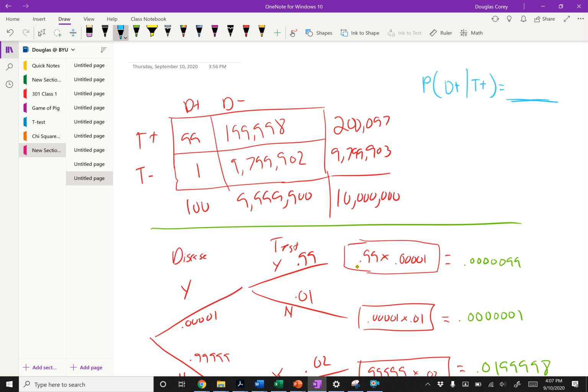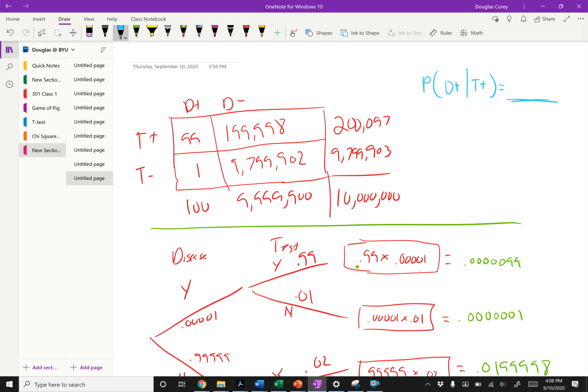Now, if you have a table, this is pretty straightforward, but it does take some work at times to make the table. But once you get that, then you can think of the column of testing positive.